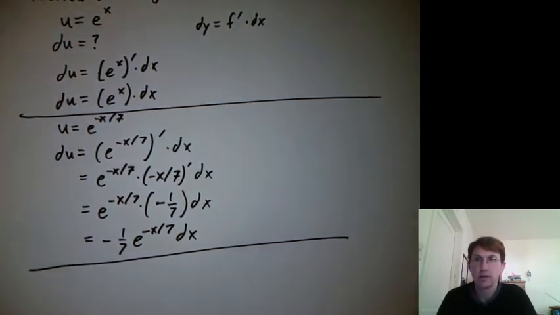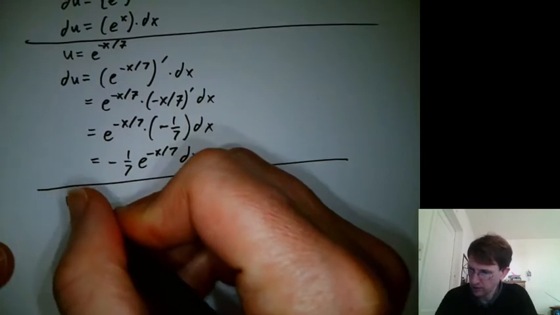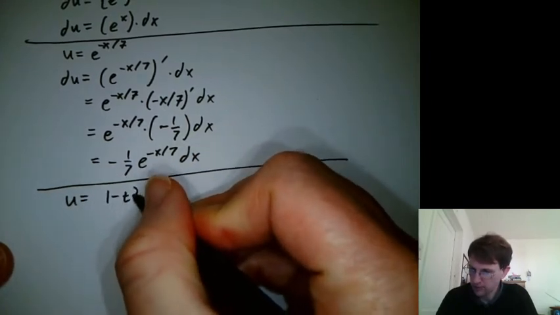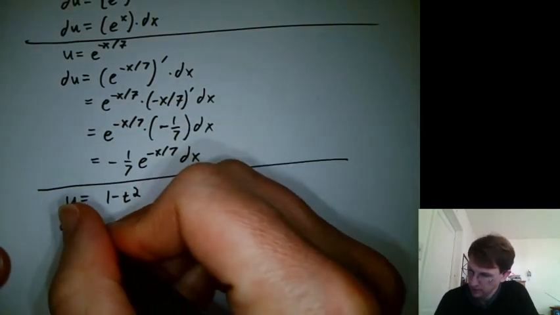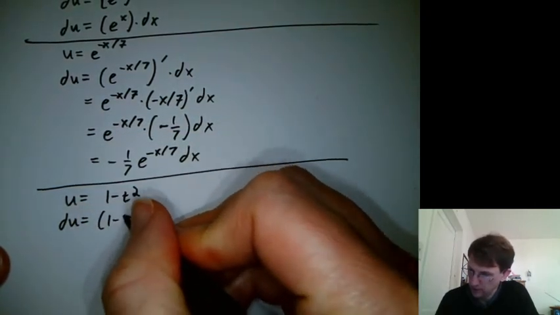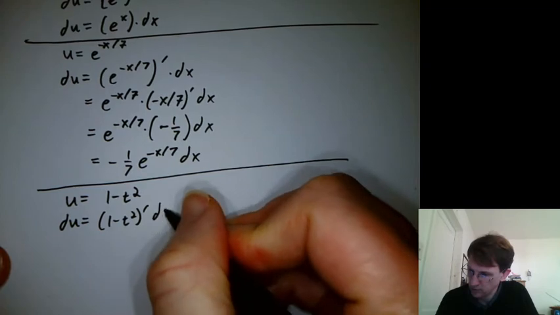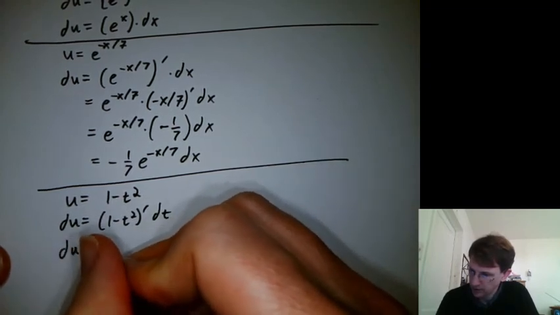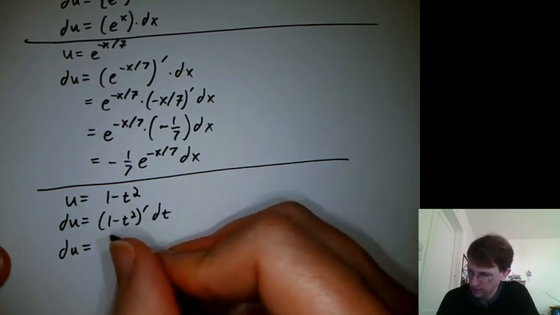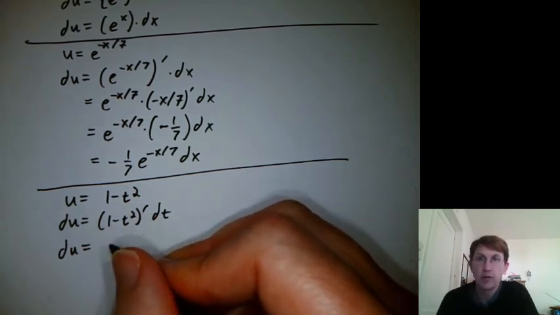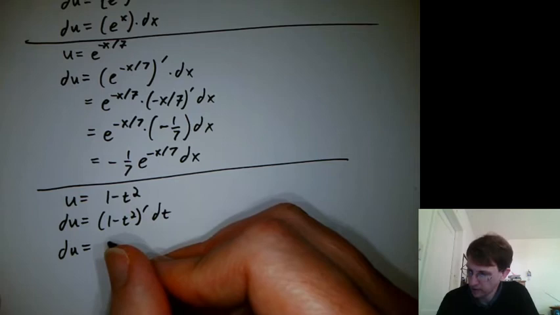All right, let's do another quick one or two. How about u equals 1 minus t squared? Here, just treat t as if it's x. So du equals 1 minus t squared prime dt. And what is the derivative of 1 minus t squared? Well, the 1 becomes 0 when you take the derivative. We'll just ignore writing that.